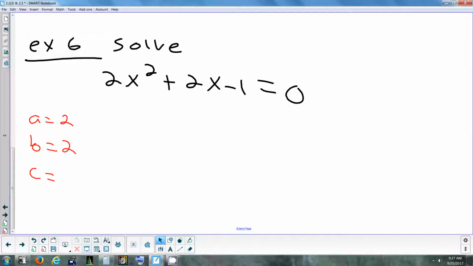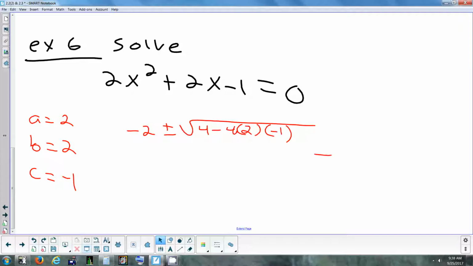Shauna, C? -1. And Dylan, can you fill that into the quadratic formula and tell me what I'll have? It would be -2 plus or minus the square root of -4 minus 4 times 2 times -1 over 2 times 2.